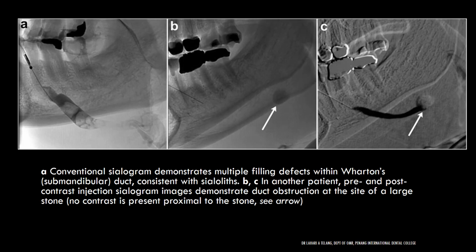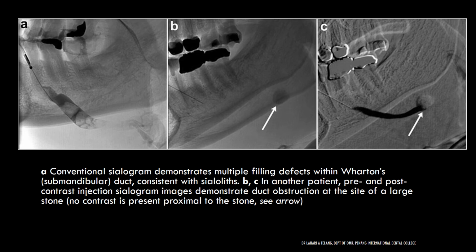A conventional xylogram demonstrates multiple filling defects within the Wharton's duct in this particular image here. This is consistent with the presence of xyloliths, because the xylolith obstructs the duct and the dye cannot completely flow into the gland smoothly.